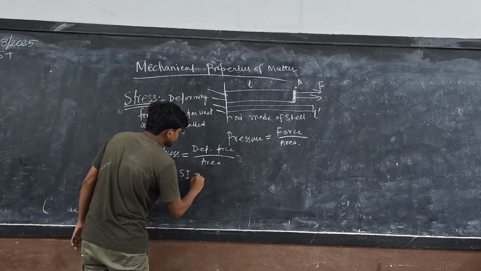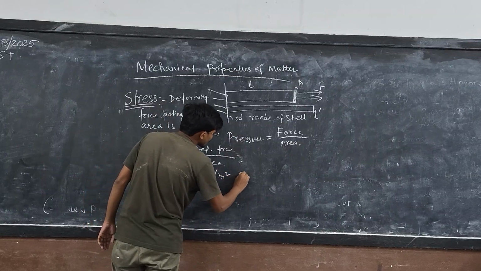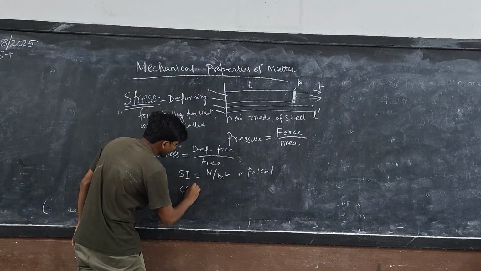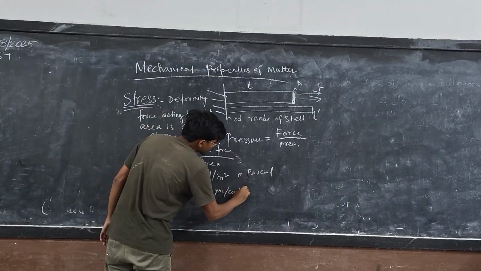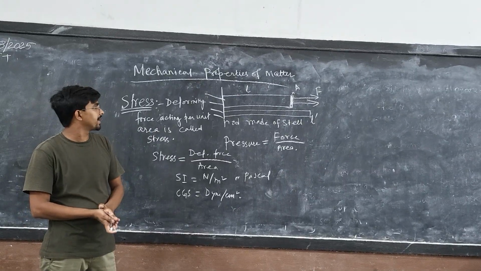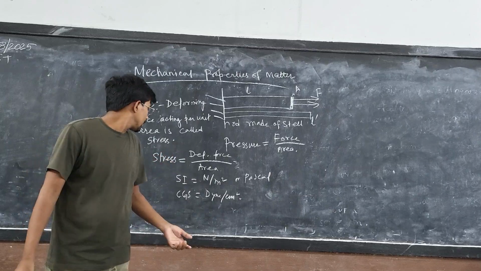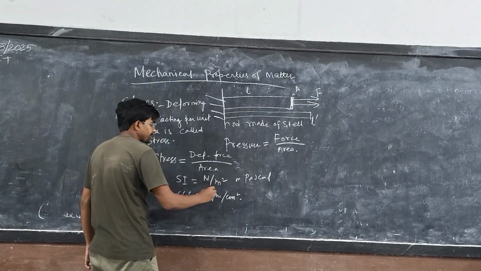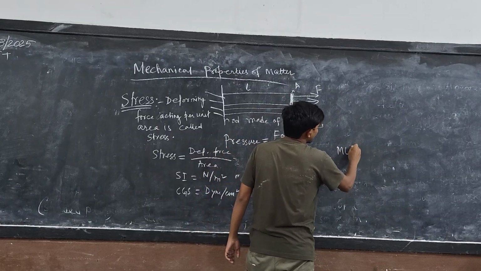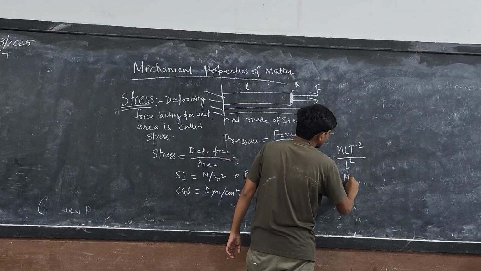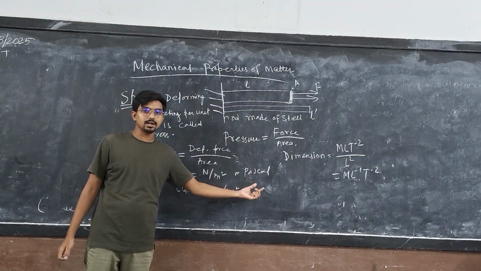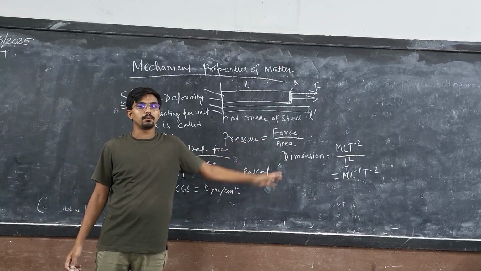We will have the SI unit of Newton per meter square, which is also given the name Pascal, after the great scientist Blaise Pascal. And the CGS unit will be dyne per centimeter square. So I am saying again, the deforming force acting per unit area is called stress. It has the SI unit of Pascal and the dimension ML^-1T^-2.